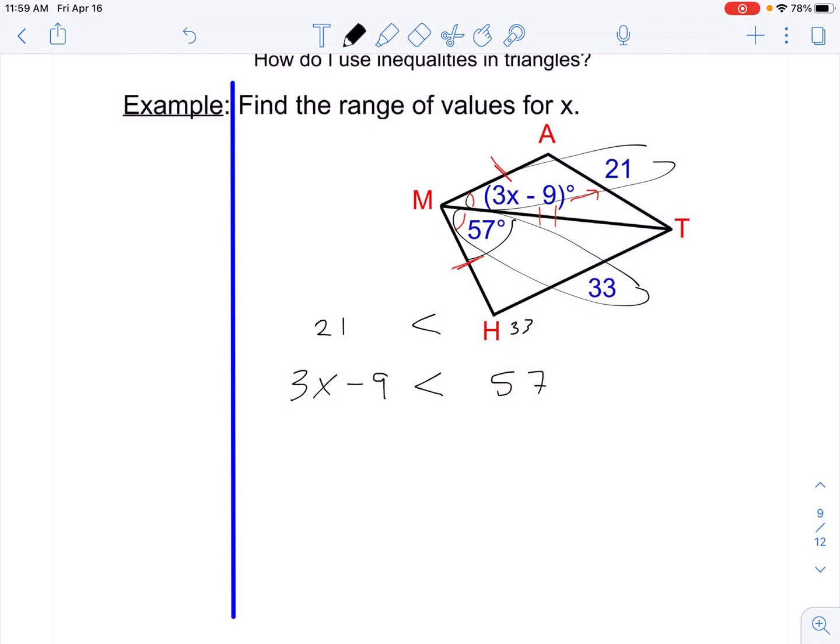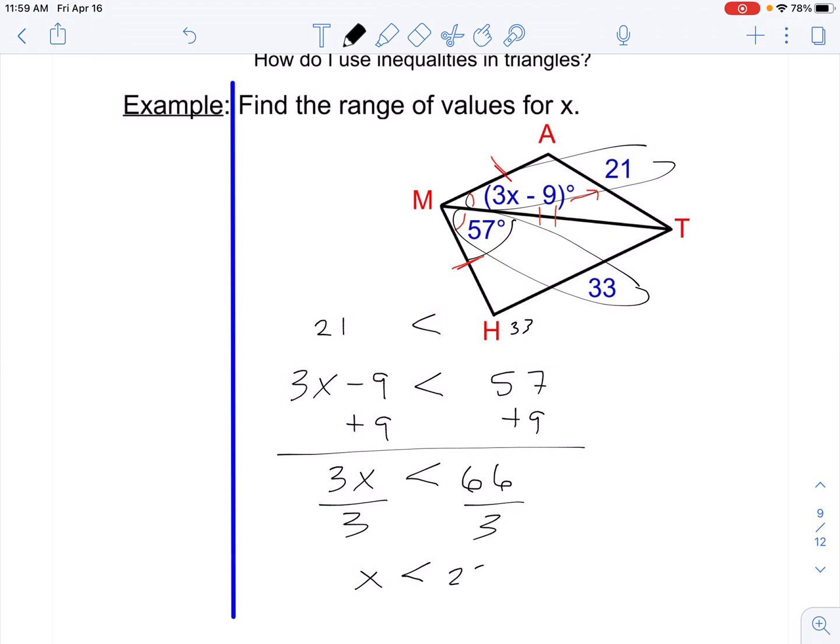And I'm going to solve this inequality for x by adding 9 to both sides and dividing by 3. X must be less than 22. That's one of the bounds.